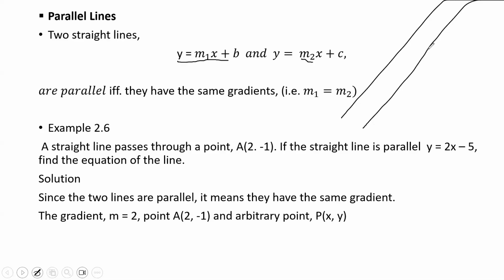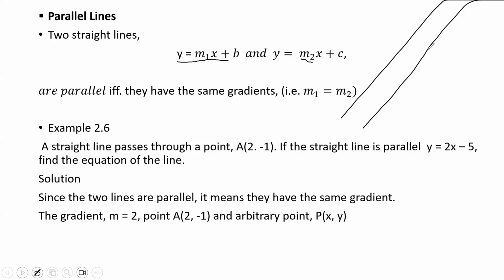And if you don't have the line, you have the equation, how can you know that they are parallel? Now, parallel lines have the same gradient. So if we are saying that the first equation y equal to m1x plus b is parallel to y equal to m2x plus c, then m1 must be equal to m2. That makes them parallel. Chris, are you okay?